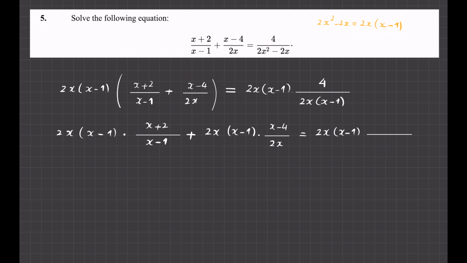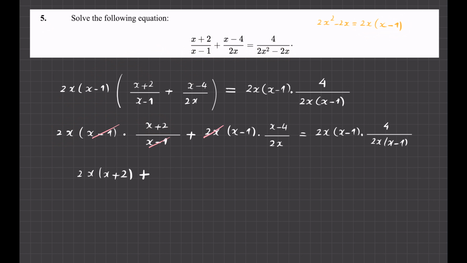So let me also put a dot here. Now here this x minus 1 and that x minus 1 are cancelled. 2x is left, x plus 2 is left, so I have to multiply it here. So it becomes 2x times x plus 2, and then I have a plus sign, and I do the same thing here.